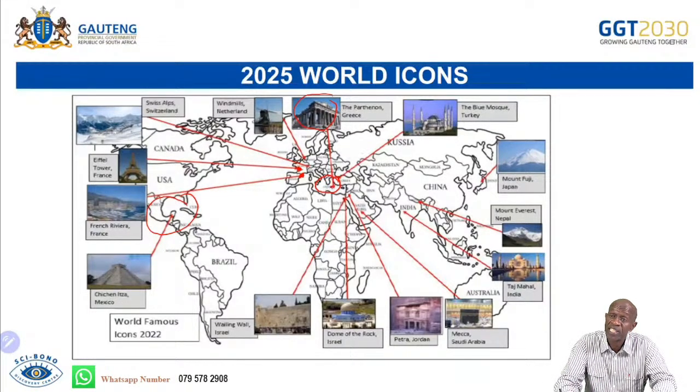That's where the location of the Parthenon is on the map. And in Turkey, also in the continent of Europe, you'll find the Blue Mosque, and Turkey is somewhere here next to Greece.